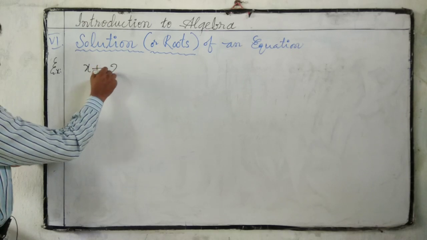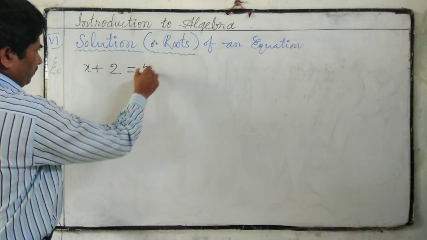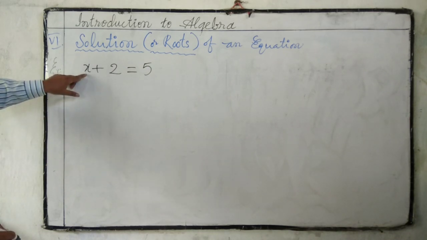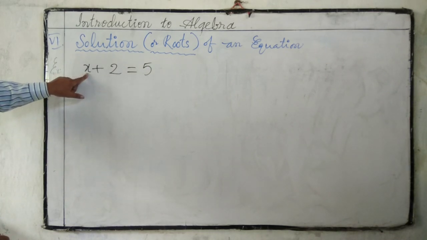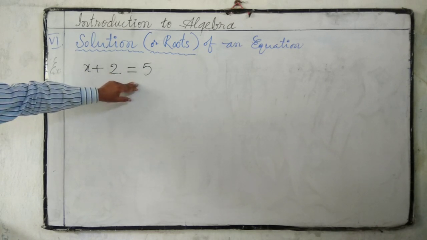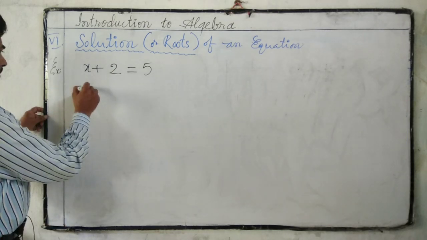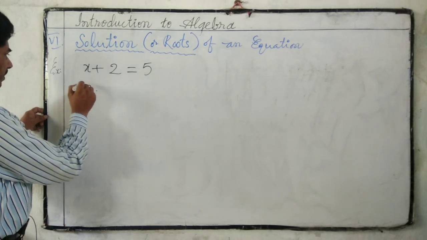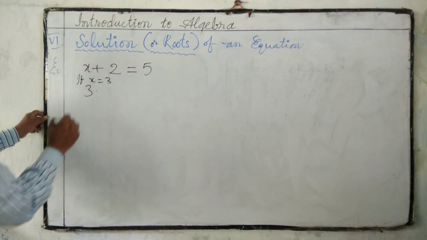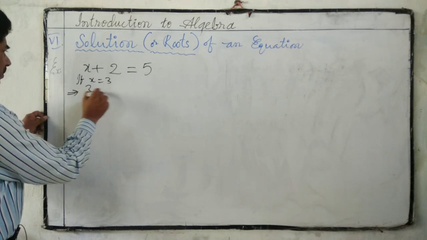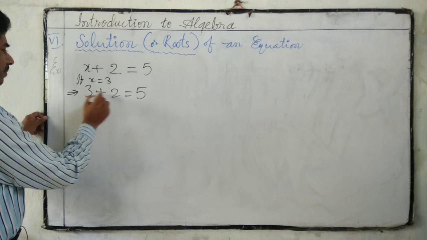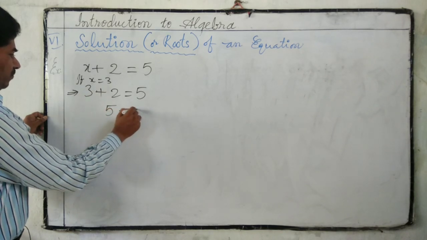X plus 2 is equal to 5. If we substitute 3 in place of x, the given equation is satisfied. If x is equal to 3, then 3 plus 2 is equal to 5. 5 is equal to 5.